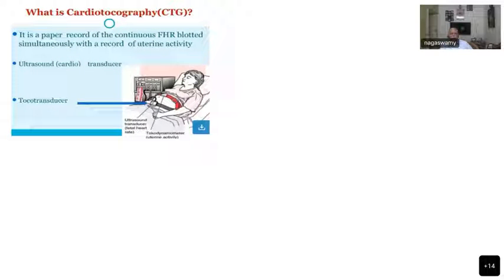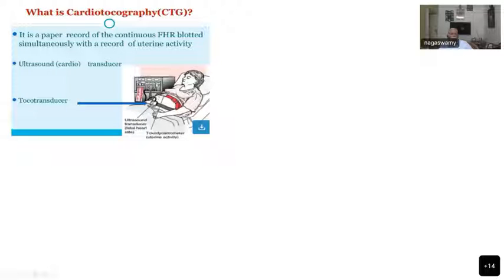And how is cardiotocograph measured? An ultrasound transducer is placed on the fundus of the uterus, so that you can measure the contraction. And the other is called the TOCO transducer to measure the uterine activity, and the ultrasound transducer to measure the heart rate.